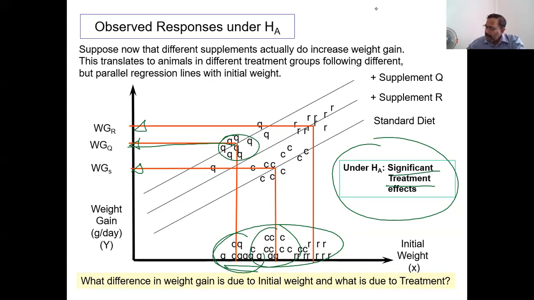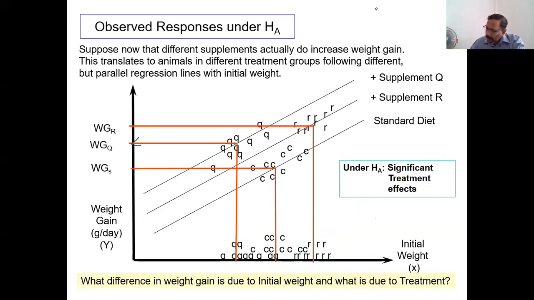For example, here we said there's a weight gain of Q, R, and S. Suppose you take the weight gain of Q. It can be due to initial weight, because, can you remember, in the earlier slide we said it may be due to initial weight and also due to the treatment of Q. Weight gain of Q can be separated.